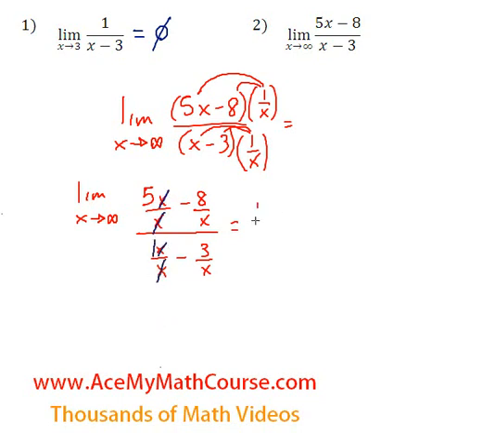So essentially, we just have the limit as x approaches infinity of (5 minus 8 over x) all over (1 minus 3 over x). And now, of course, comes the fun part. We can essentially break the limit down and apply the limit as x approaches infinity to each element of the expression according to limit laws.